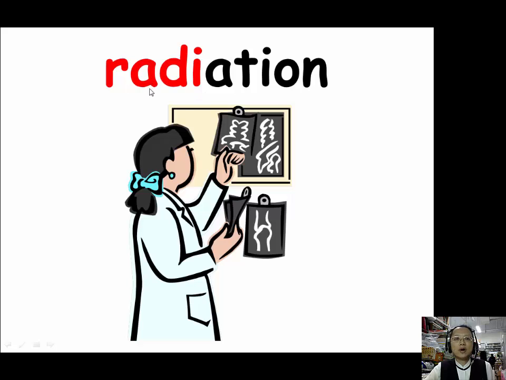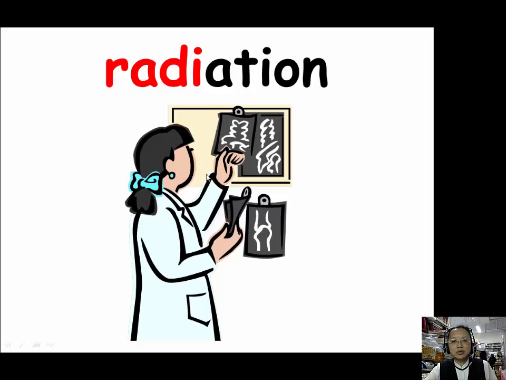Our example for RADI is radiation. Radiation has two meanings. One is the shooting force of anything from a point or surface, like the diverging rays of light, or like the X-ray, which is also one form of radiation.